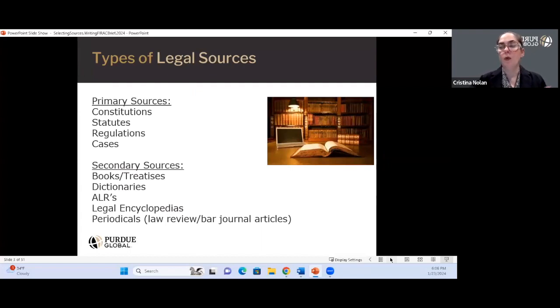So we have our primary sources of law. Constitutions: our federal constitution and our state constitutions. I always think of this as the gold standard of sources. Statutes are actual laws on the books, very important sources. Primary is the top of the line.